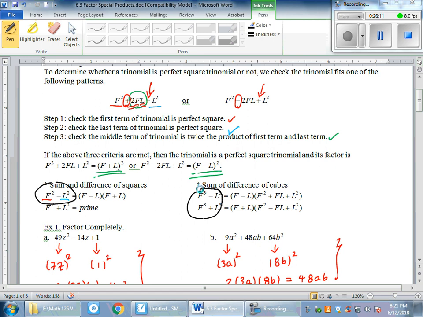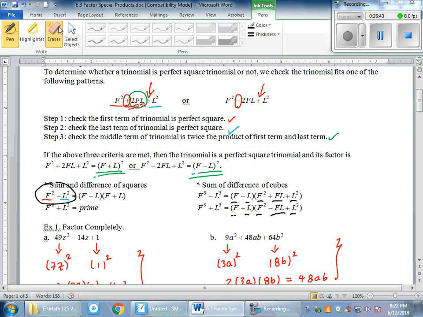So difference of 2 cubes, the formula is first minus last, times first squared plus first times last, plus last squared. Sum of 2 cubes, the format is the same except the sign pattern changes. So first plus last, and then first squared minus first times last plus last squared.